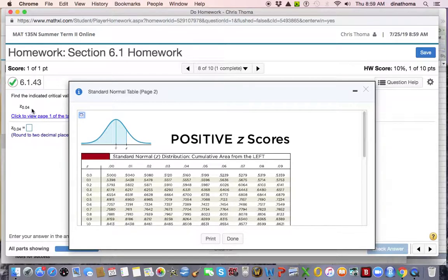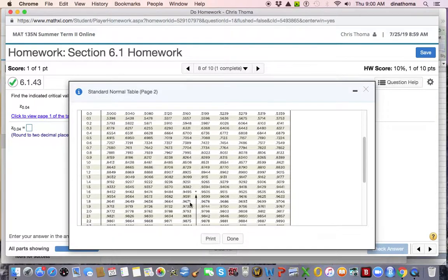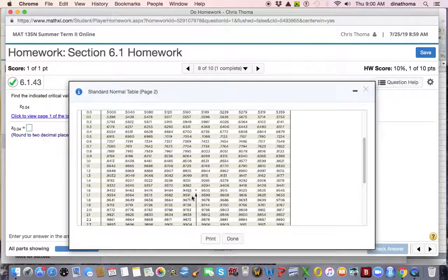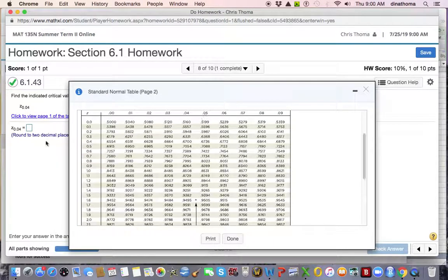So if I have a 4%, remember this whole thing goes to 100%, that means I need to find 96% in here somewhere. So I got 95.99, 96.08. This is closer than this. So this is about 0.96. So I come over here, I got 1.7 and I scroll up 5. So my answer should be 1.75.